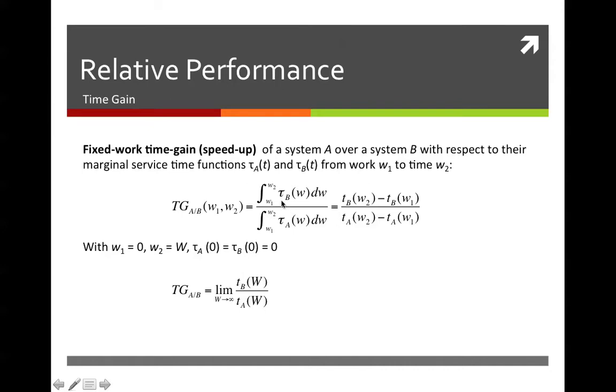So when you do the integral for each of these, then you get the T of B. This was tau of B, and now I get T of B. That's the integral of tau of B, and of course, you evaluate it at two values, again when we let W1 equal to 0 and W2 equal to W, and then set these initial conditions.